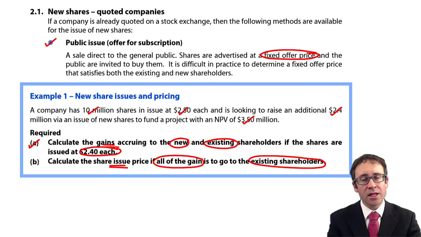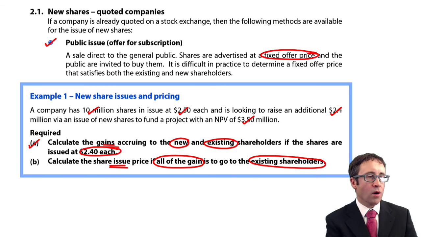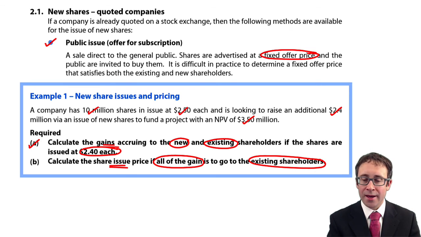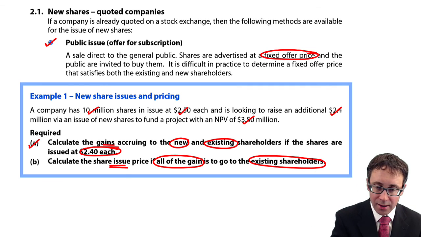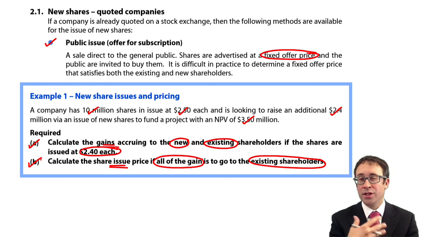In terms of examinability, I think that's a great computational style question that could be thrown in within the exam as an objective test multiple choice question, or as an objective test of entering in the number. It could ask you to calculate the gains to the new or the existing shareholders, like you saw in part A. In part B, we were asked to work out the share issue price.